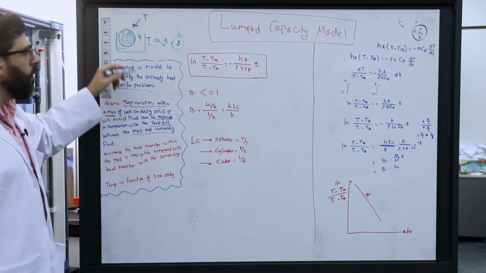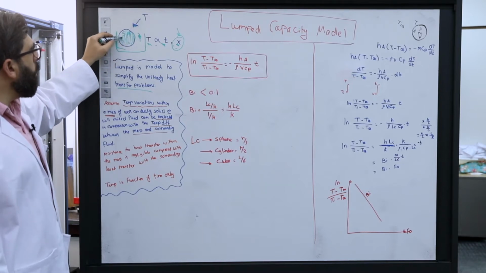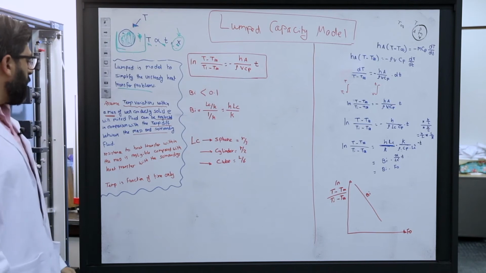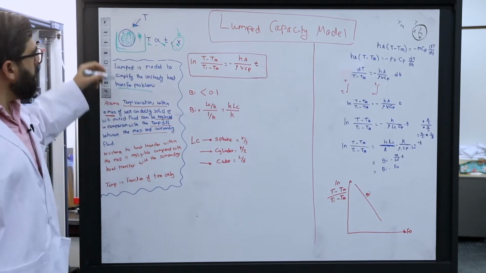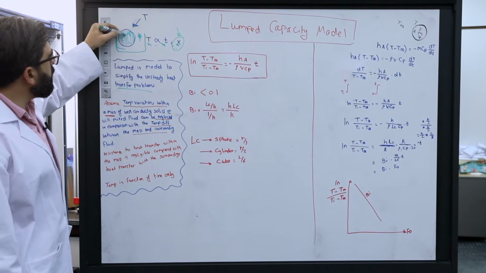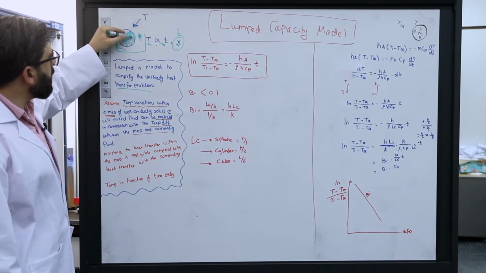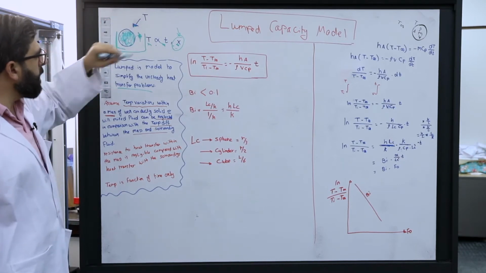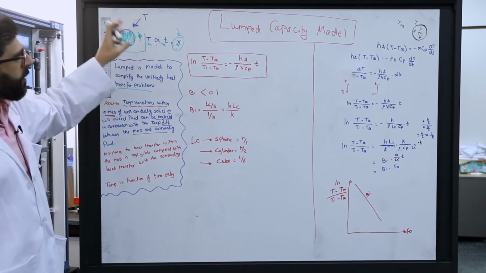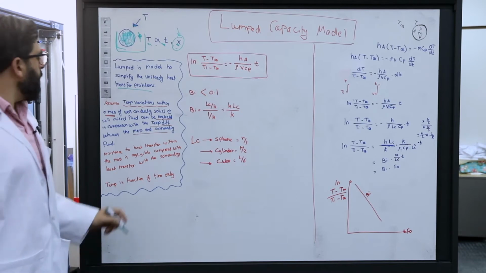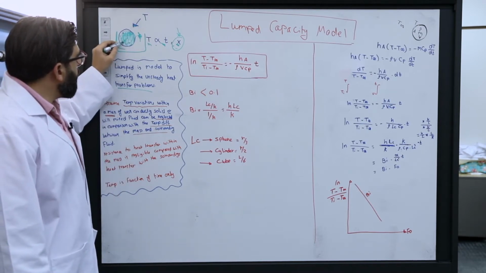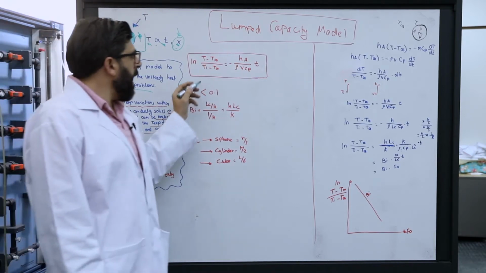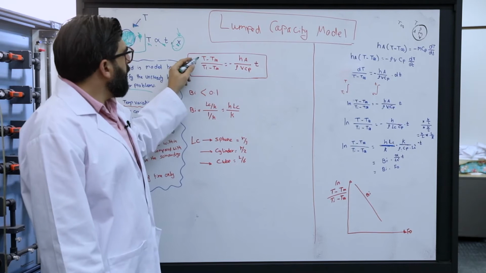So no resistance, heat just comes inside, and all points should be almost the same compared to the outside temperature. That means the resistance of conductive heat transfer is negligible compared to the resistance of convection heat transfer.